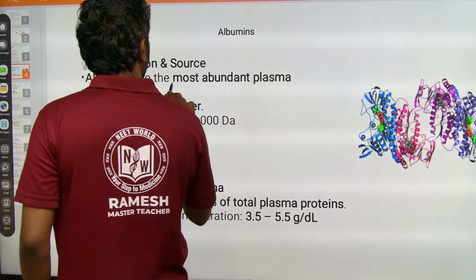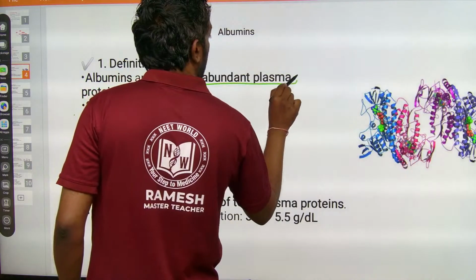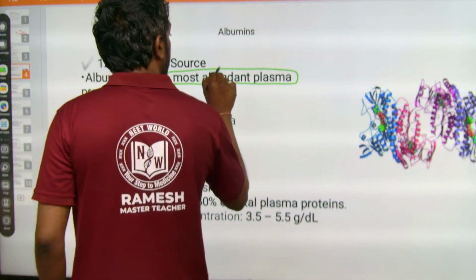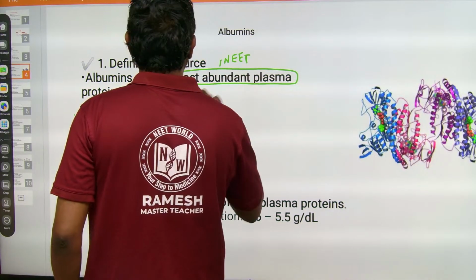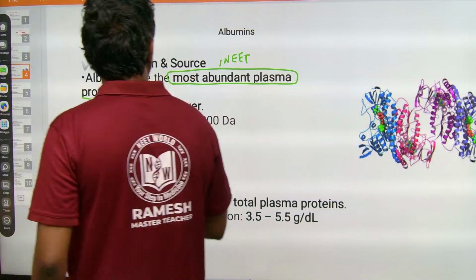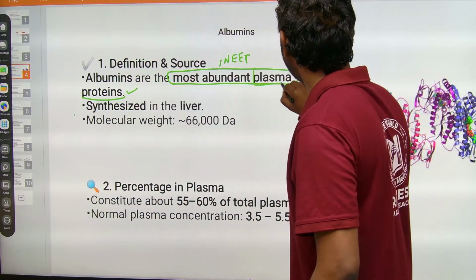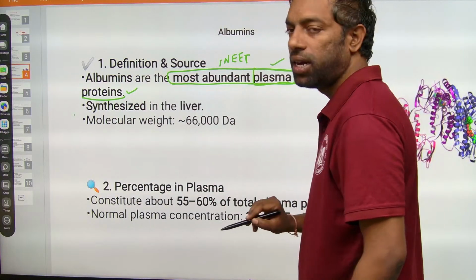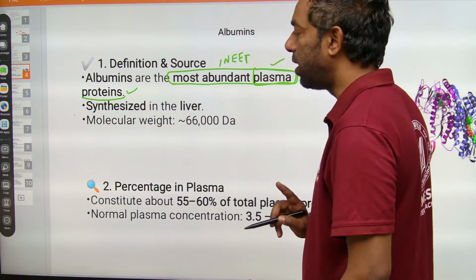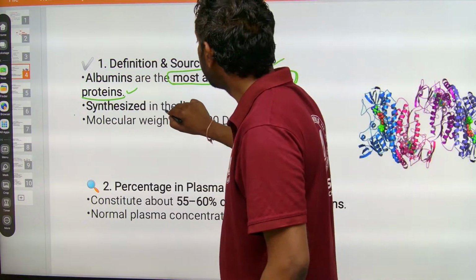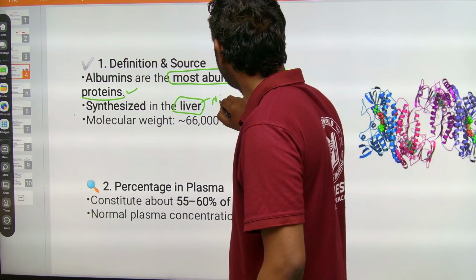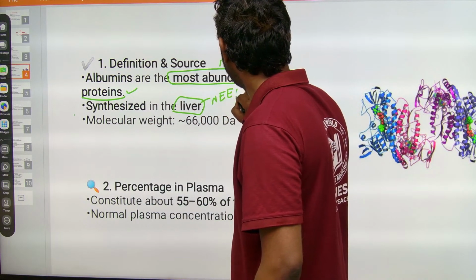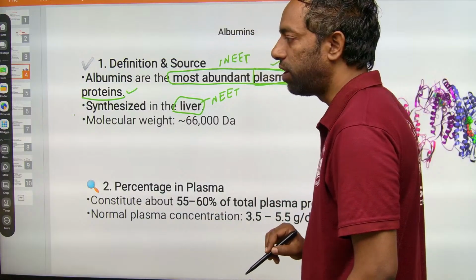NEET point, guys. The most abundant plasma protein is albumin, and it is synthesized in the liver. This is also a NEET point. Synthesized in the liver.